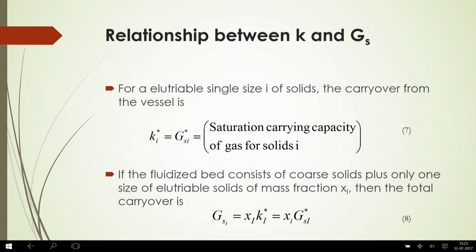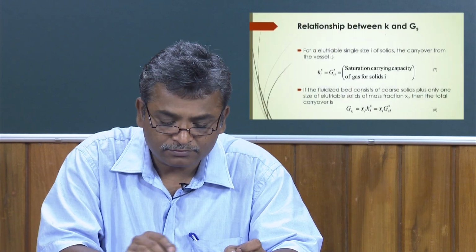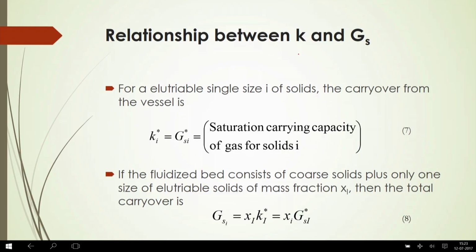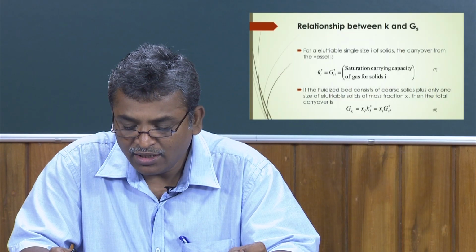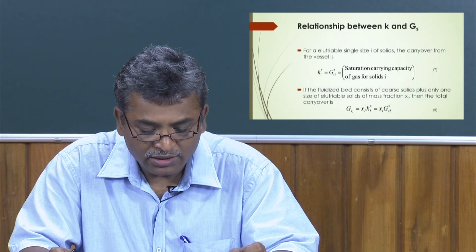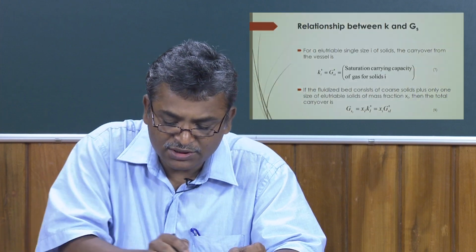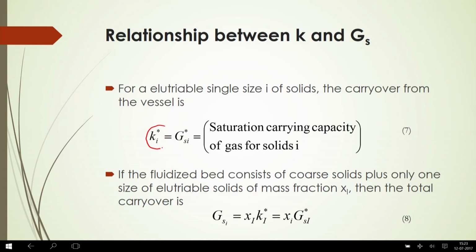And the relationship between k and G_s. Now, for an elutriable single size i of solids, the carryover from the vessel is represented as this k_i star, which is equal to G_s star, or the saturation carrying capacity of gas for solids i.